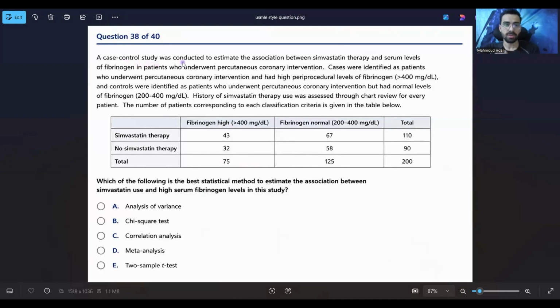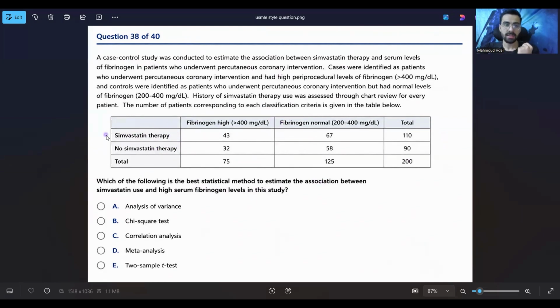Okay, let's see this question. A case control study, and we have a table right here. Which is the best statistical method? Let's think in an organized way. Number one step, what is your variable? Simvastatin therapy leads to a change or outcome in the fibrinogen level.